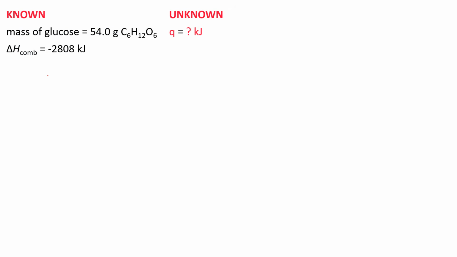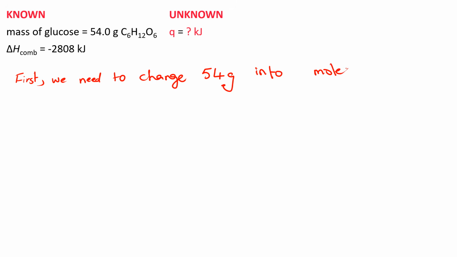So basically what would I do here is that first we need to change 54 grams into moles. Now we know that moles, من صف عاشر, moles equals mass divided by molar mass, right?